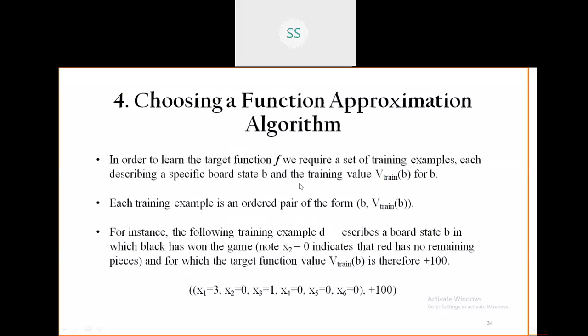And how to choose a perfect approximation algorithm: you are just setting the values. We look at whether you are choosing a particular training example or not. If you are choosing the particular training example, it is considered as one, otherwise it is set to zero.